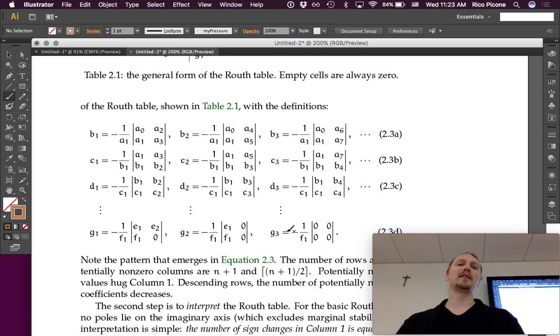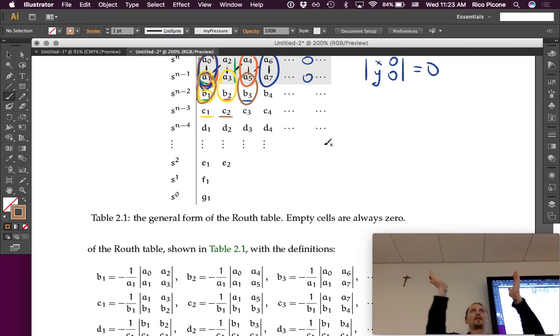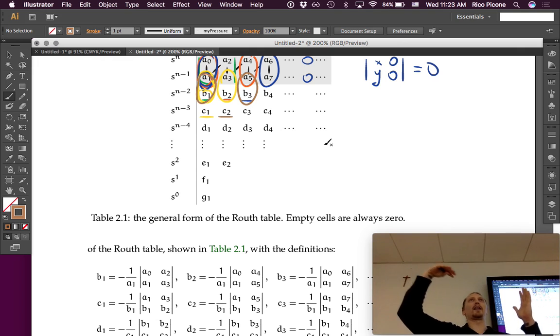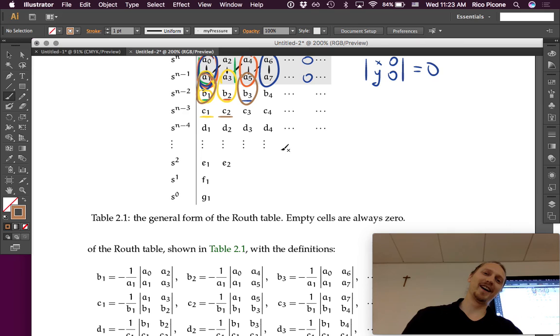And then notice that when you get down to the bottom, it sort of naturally triangles, if you can use that as a verb, down, so there's going to be zeros out here, and it's going to whittle itself down. When you get to S to the 0, you're going to just have one term. Actually, S to the 1 should be one term, and S to the 0 should be one term remaining, that are non-zero, or potentially non-zero.